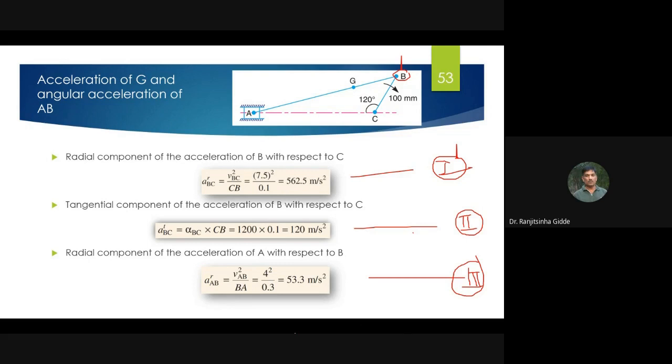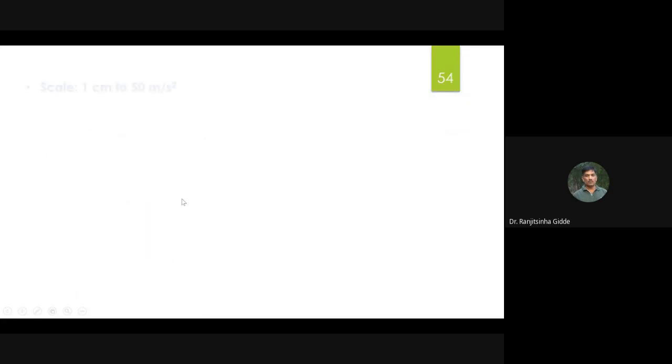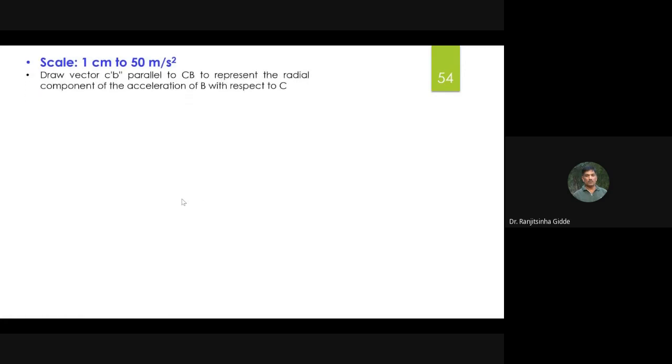So next, now we need to go for the acceleration diagram. Next line you can write, draw acceleration diagram.